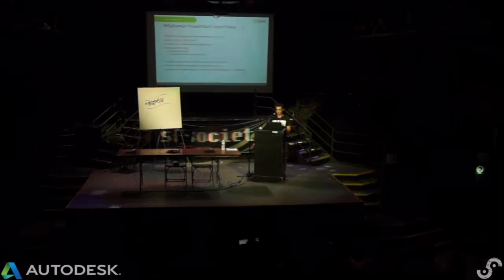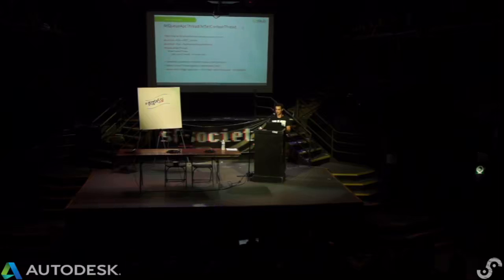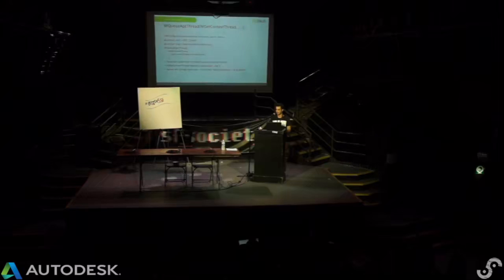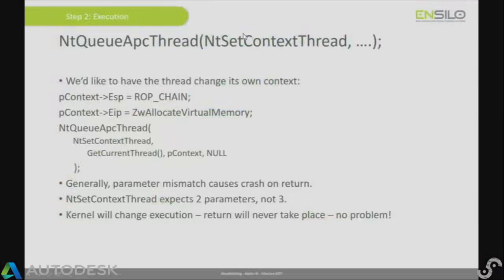So we'd like the thread to change its own context, and we can leverage QueueUserAPC, NtQueueApcThread again, to have the thread call NtSetContextThread on itself by passing the handle to the current thread, and then the context structure that we wrote using our write what where from step 1.